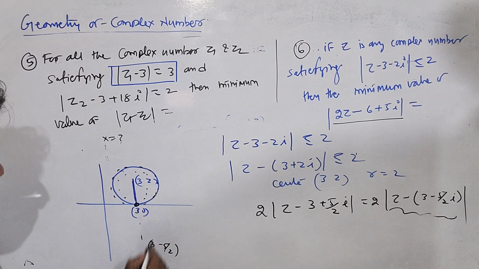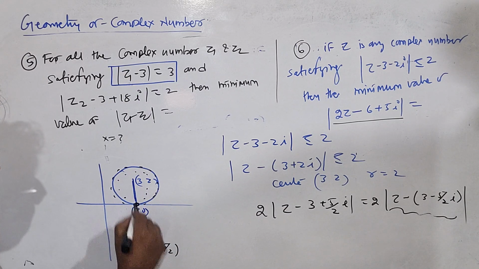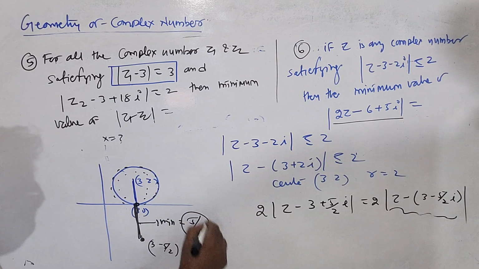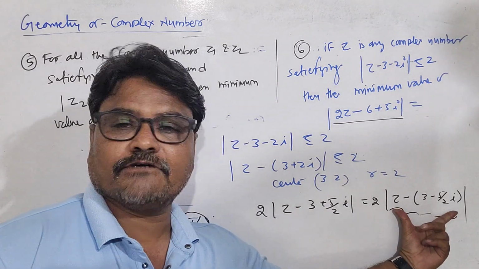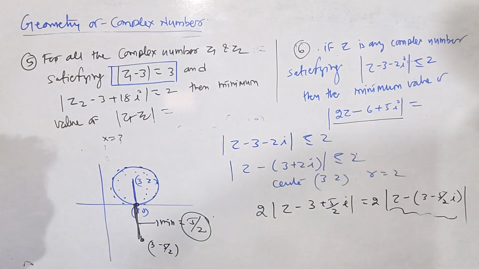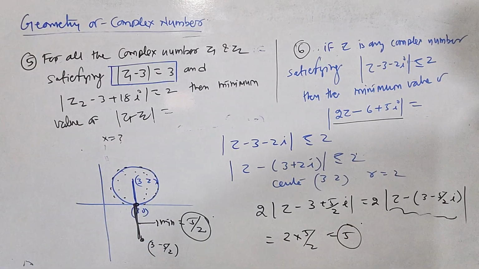So z is there, and then only we will find the minimum distance. So what is the minimum distance? That will be 5/2. 5/2 is the minimum value of this one. Therefore the minimum value of this is 2 times 5/2, and finally the answer is 5.